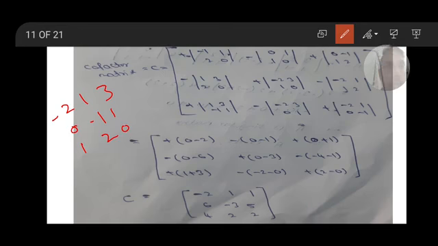It is a matrix. For the cofactor matrix, the signs are plus, minus, plus, minus, plus, minus, plus, minus, plus.